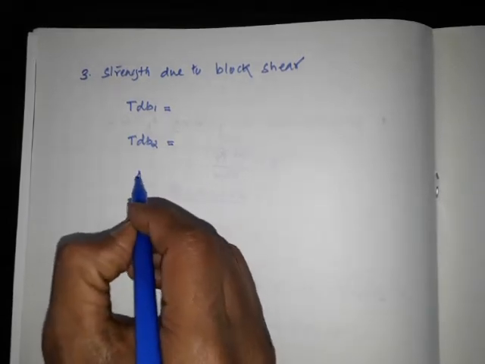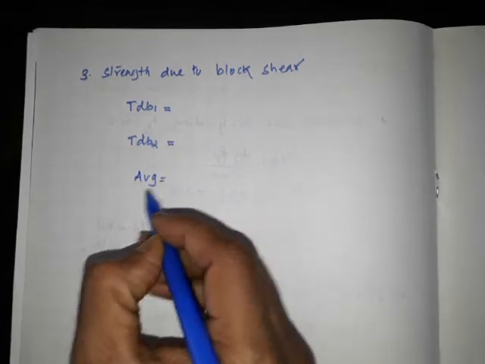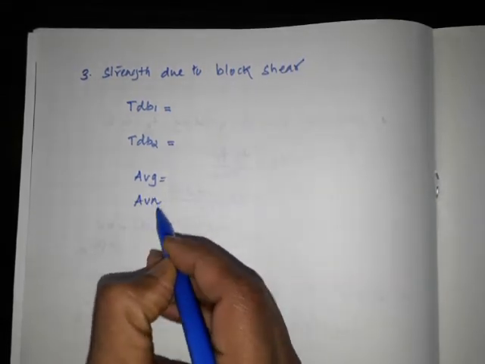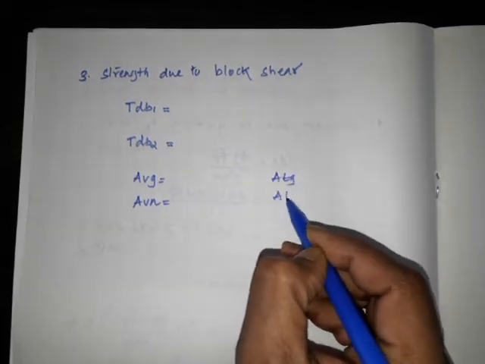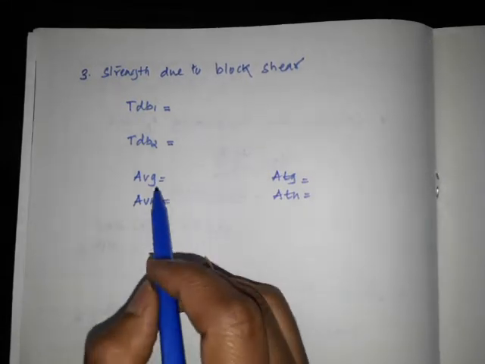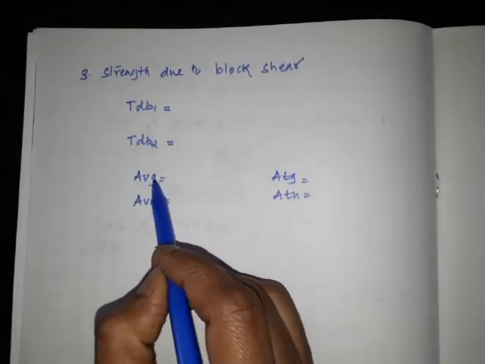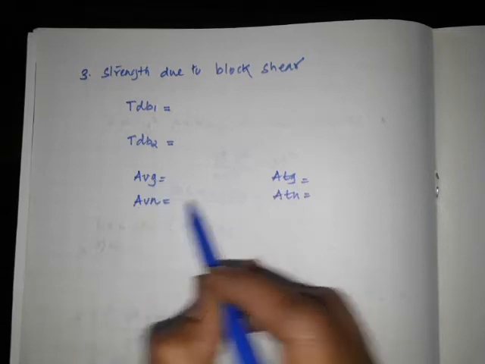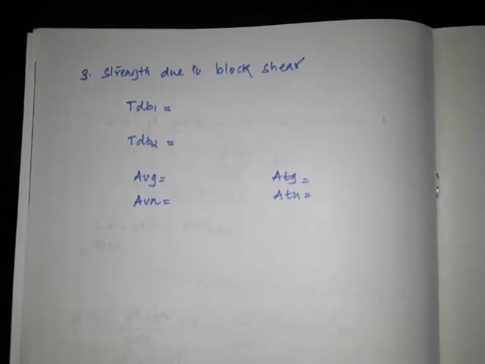First of all, what is the value of AVG and AVN, and next ATG and ATN. For the formula, we have to calculate the values for AVG, that is gross, AVN net, ATG again gross, and ATN again net. This is very important for the calculation.